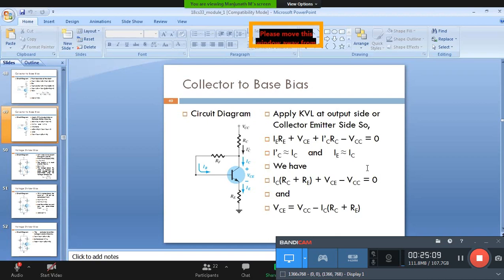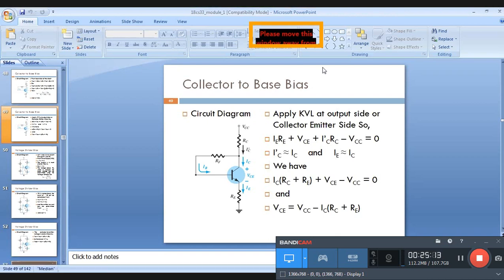VCC is equal to 15 volts. Sir, should we assume 15 volts?